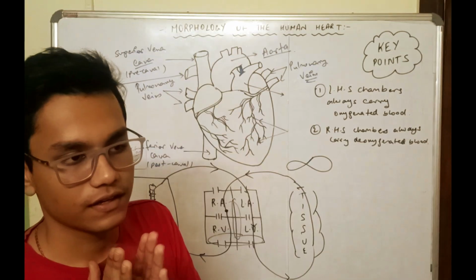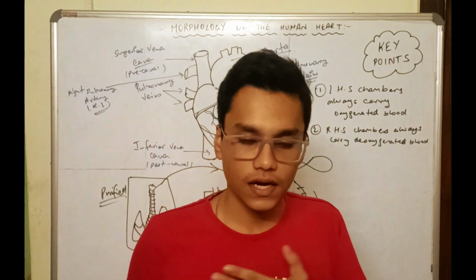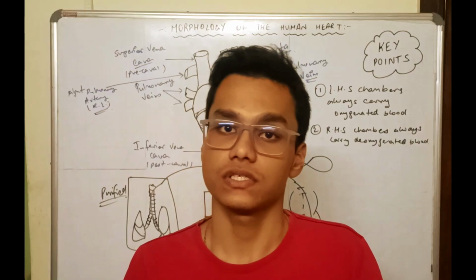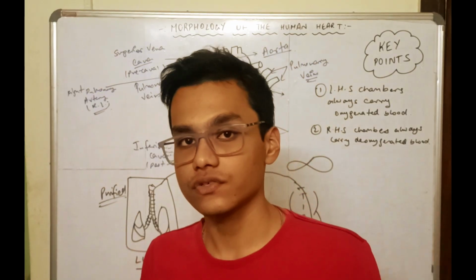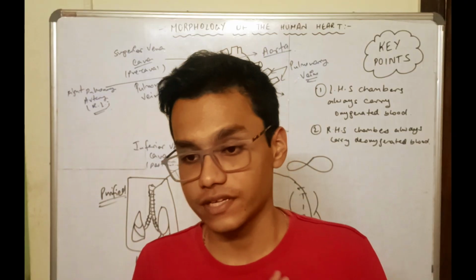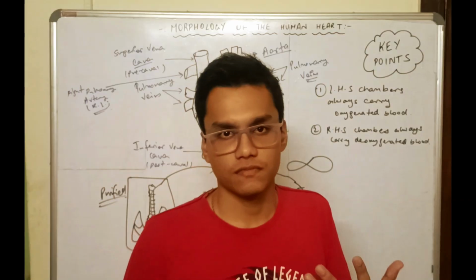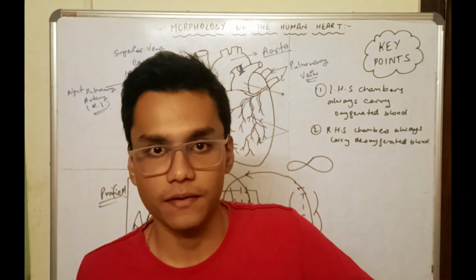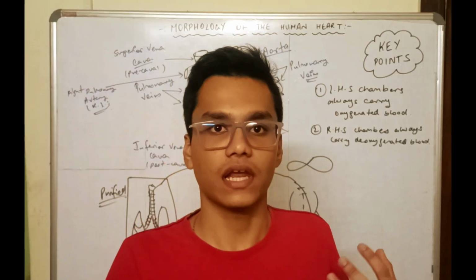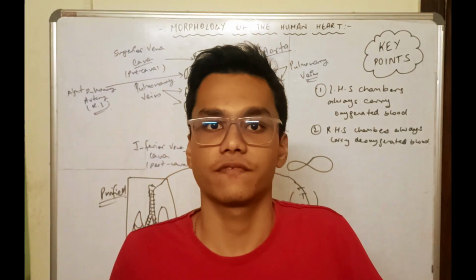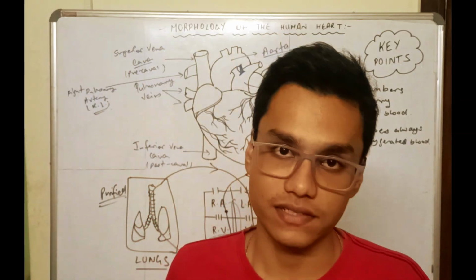Dextrocardia. Dextrocardia is when, as I told you earlier, the heart is placed at the center, tilted towards the left hand side, right? But in dextrocardia, it is placed towards the right hand side. Many of you have seen movies where the villain has died because a bullet got stuck in the heart on the left hand side, but the hero survived because his heart was suffering from dextrocardia and was placed on the right hand side.